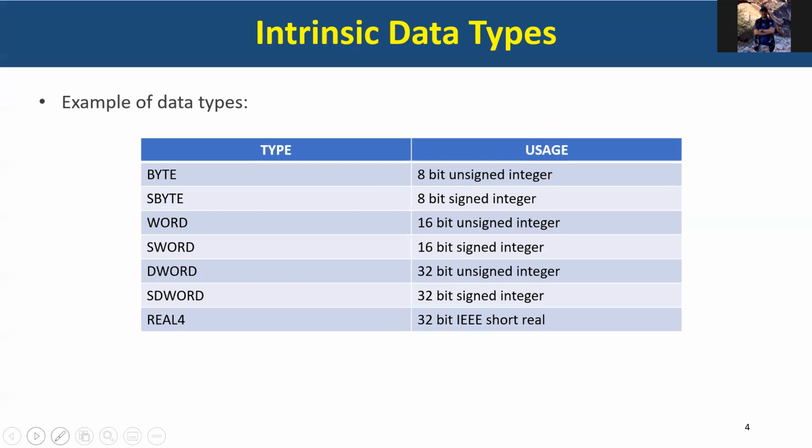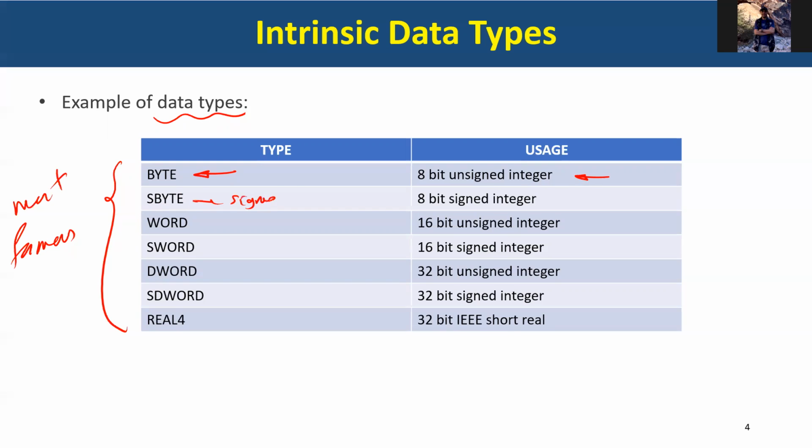Here are some data types, not all of them, but the most well-known, the ones that you're gonna use most of the time. BYTE means 8-bit unsigned integer. SBYTE means signed byte, which is an 8-bit signed integer.